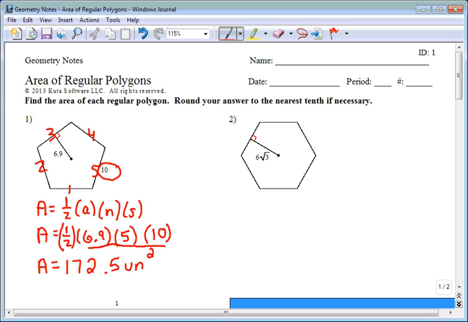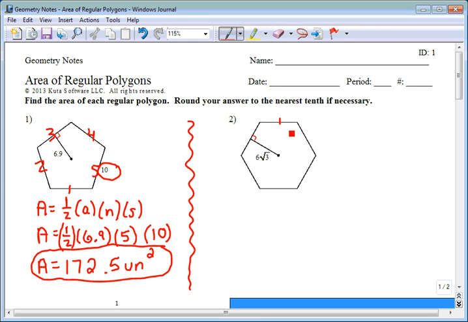Remember, this is area, so we're dealing with units squared here. Now, problems 2, 3, and 4 are going to require a little bit more work. So let's look at problem number 2.